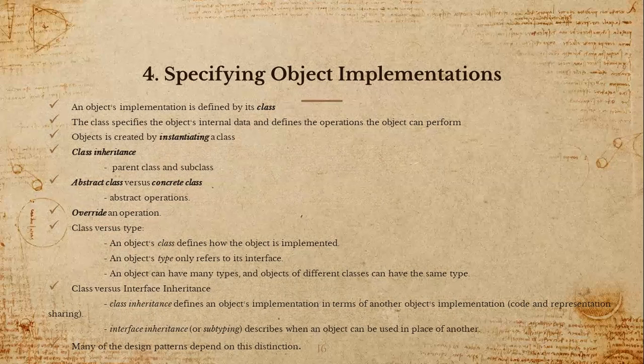Objects are created by instantiating a class, so the object is said to be an instance of the class. The process of instantiating a class allocates storage for the object's internal data and associates the operations with this data.